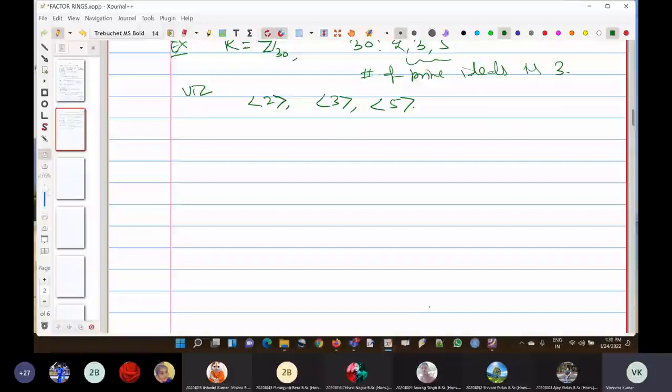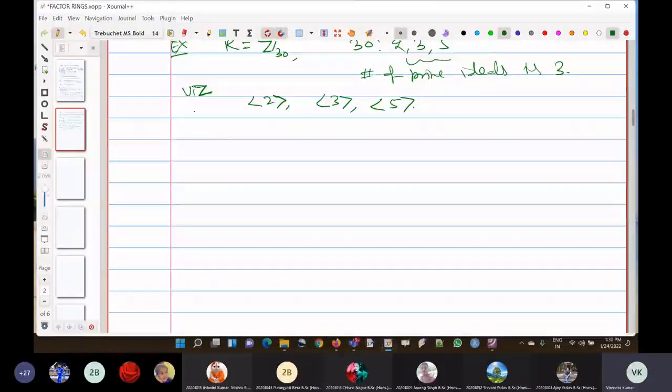One thing is that, as we knew, the intersection of ideals need not be ideal. Similar here also. Now we are taking a more particular case, that is prime ideal and maximal ideal.